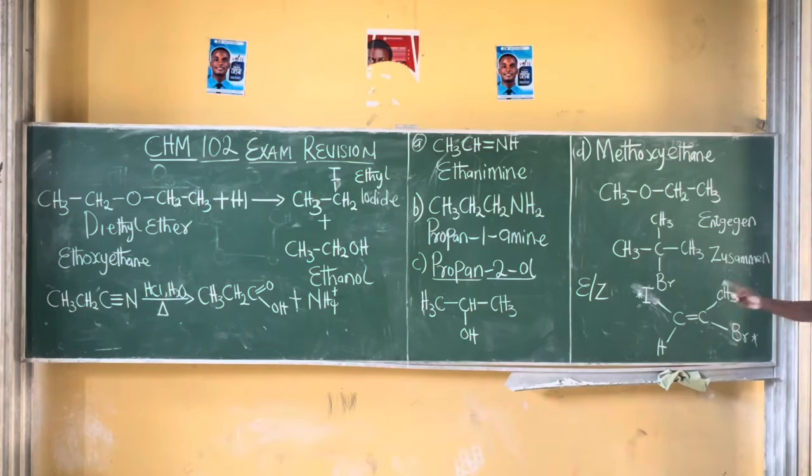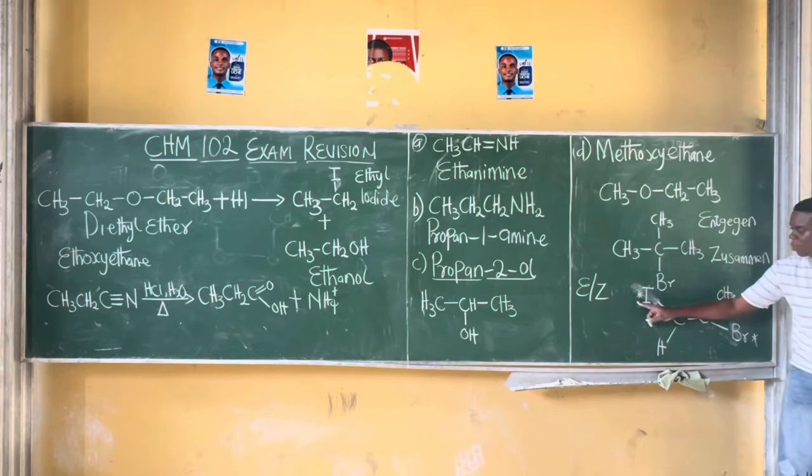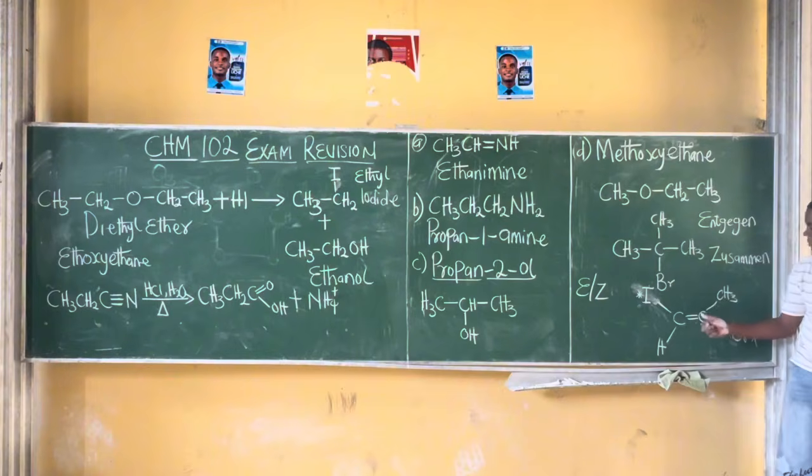So the most important thing here is the Cahn-Ingold-Prelog priority rules. First of all, identify the groups on the left side, identify the groups on the right. Then assign priority. The halogen will always have priority over hydrogen and methyl groups. Now you can see the two priority groups are on opposite sides.